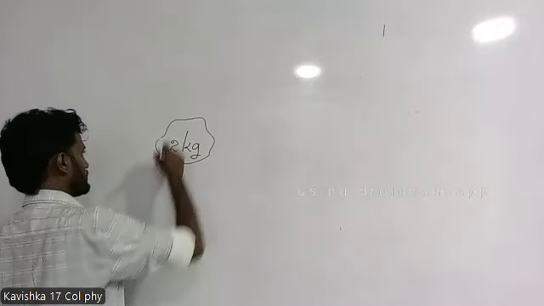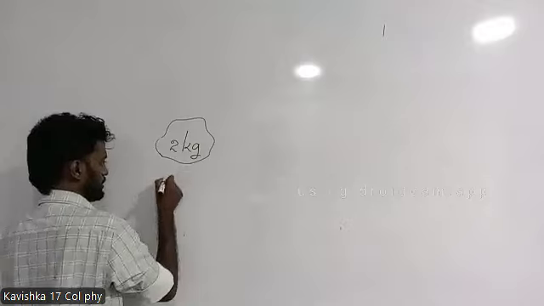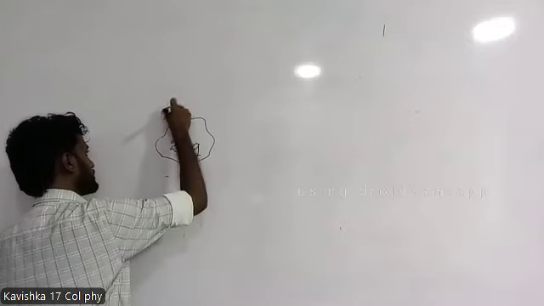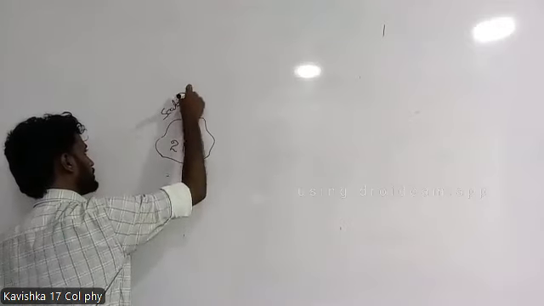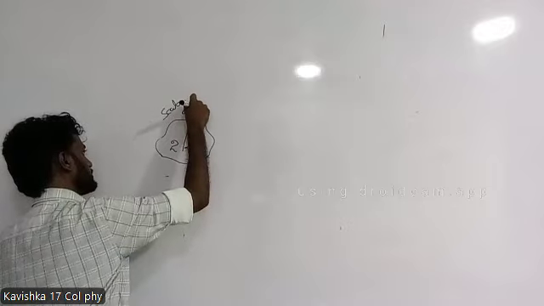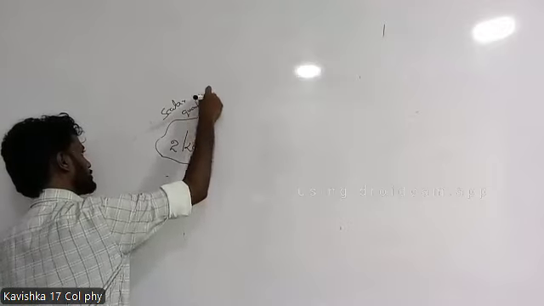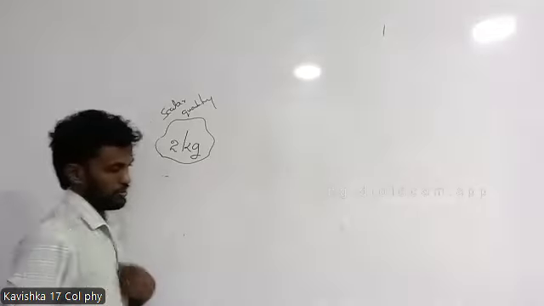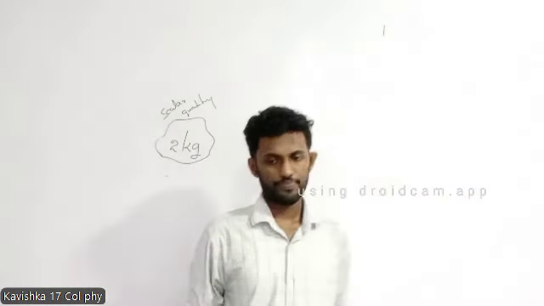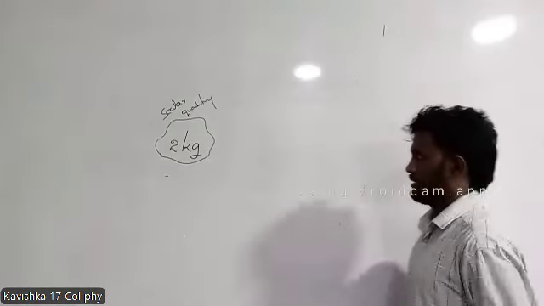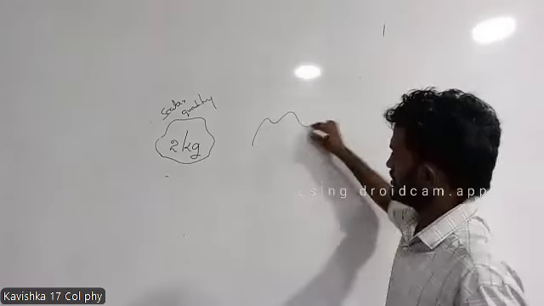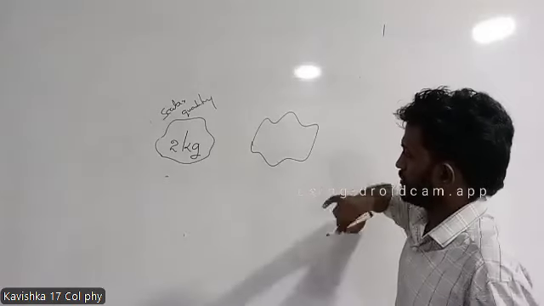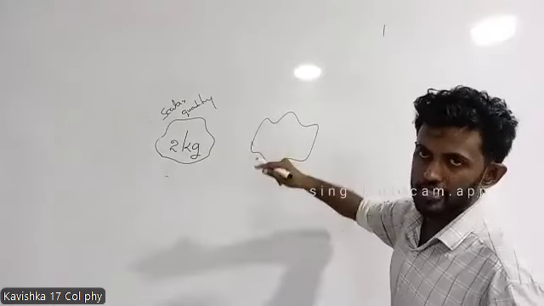Mass is what kind of quantity? This is a scalar quantity, right? Mass is a scalar quantity. No direction. But weight has a direction and a magnitude.